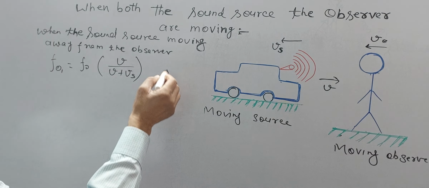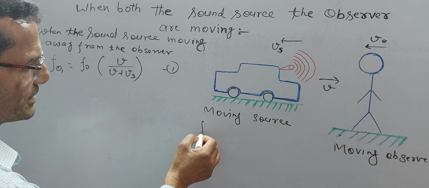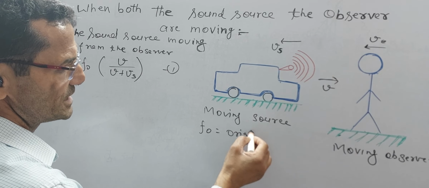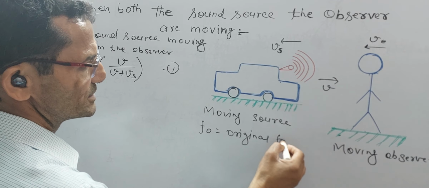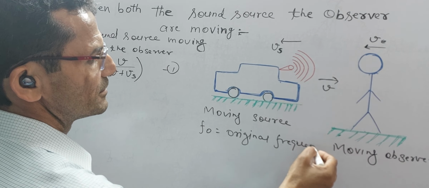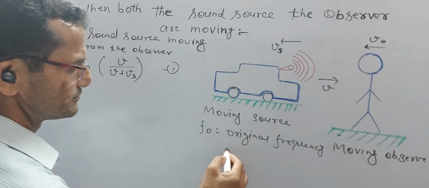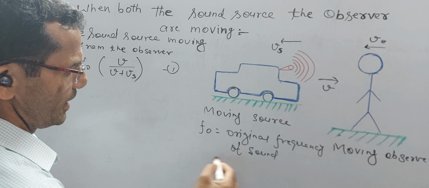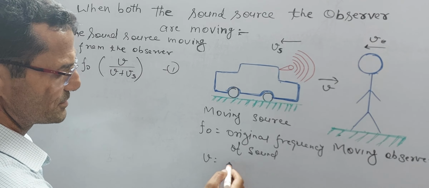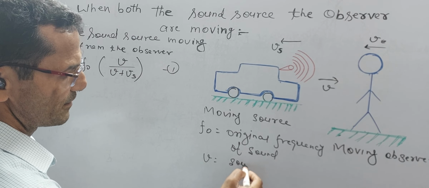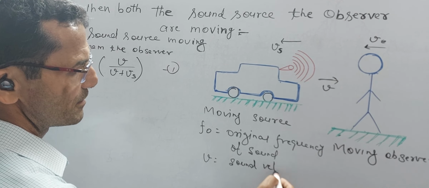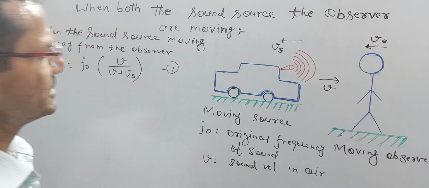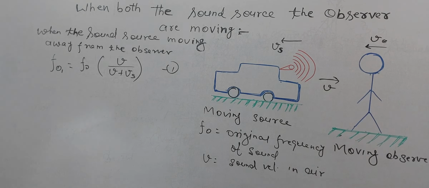So this is equation number 1, and fo, as we already know, is the original frequency of the sound, and V is the sound velocity in air. These are some of the initial pieces of information.